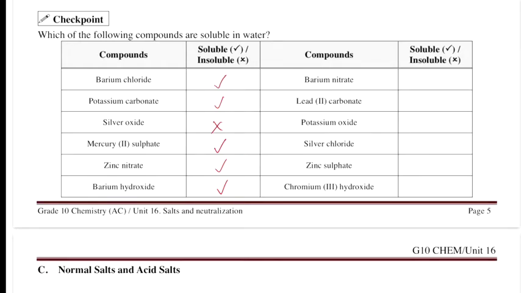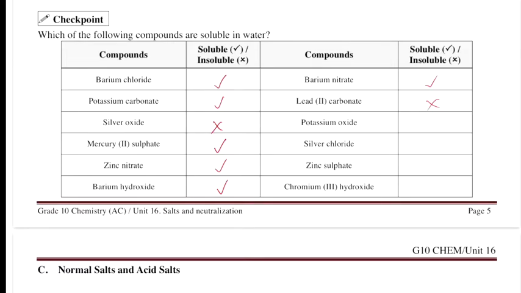Next one, barium nitrate. Again, all the nitrate salts are soluble. Next one, lead 2 carbonate. For carbonate, you need to remember only group 1 carbonates and carbonates with the ammonium ion are soluble. So the rest of them are insoluble. So lead 2 carbonate should be insoluble.